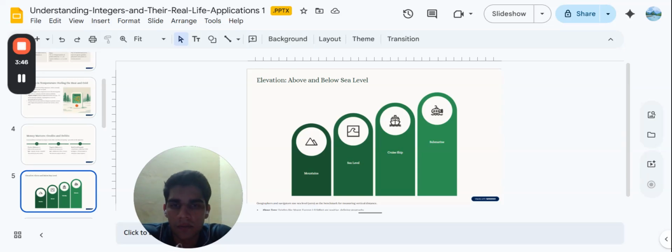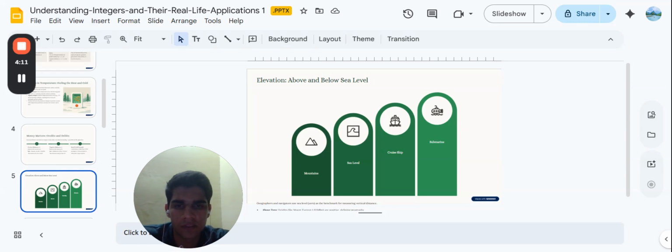Elevation above and below sea level. All elevations are measured from sea level. So sea level is the fundamental reference, above which we represent the height. Here it is given a mountain. Sea level is considered the standard height, or we could say zero height from the land area.